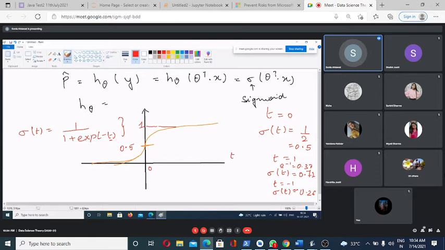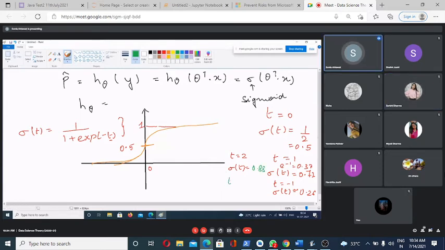Okay. If I'll take t equal to 2, what is the value of sigma t? 0.88. Okay.